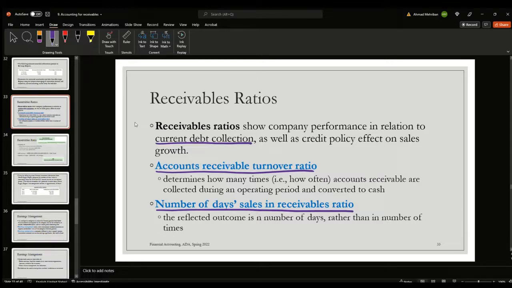The turnover ratio means how many times or how often accounts receivable are collected during an operating period and later converted to cash. Number of days, on the other hand, is not the number of times, but the number of days of how soon the company can collect the debt that is owed to it.